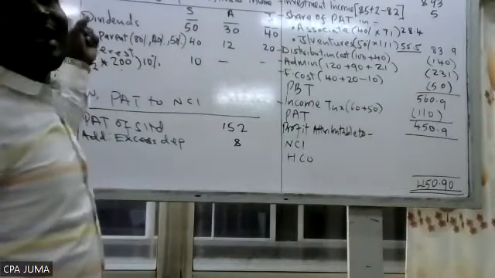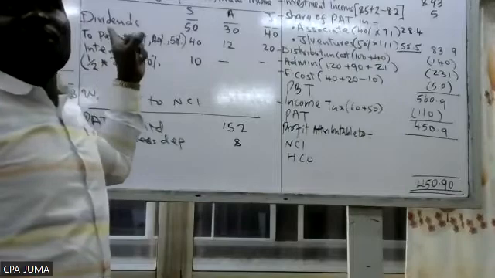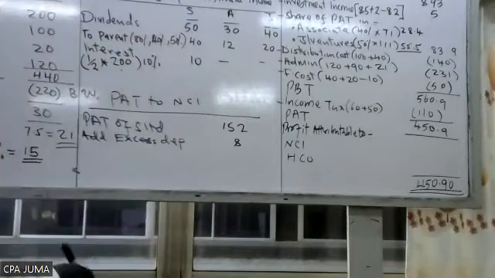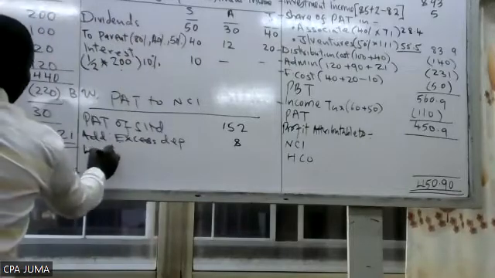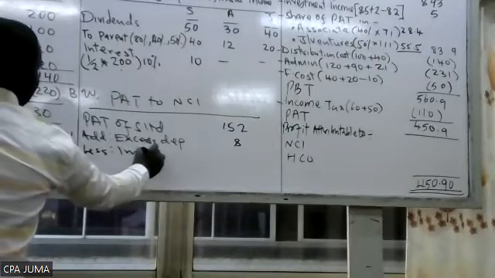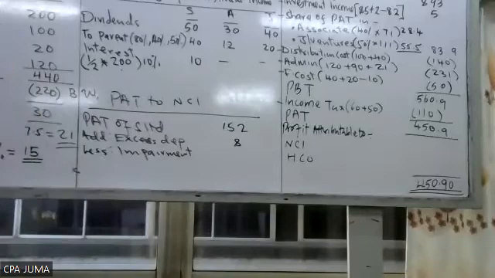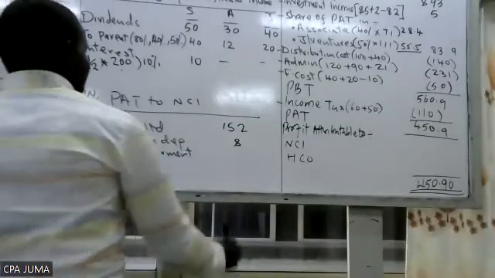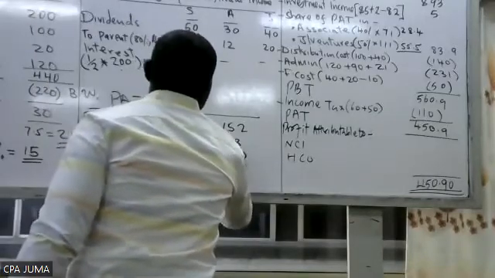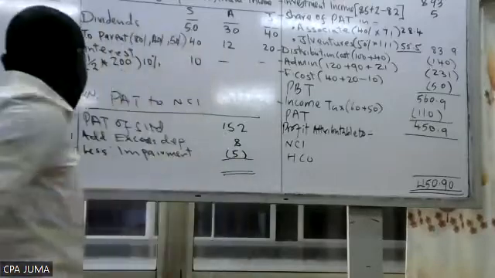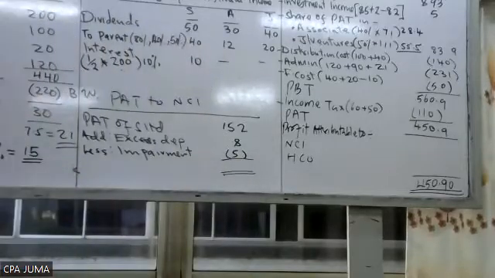Full method means NCI participated in goodwill computation. So they participate in goodwill. They are also liable for what? Impairment. It will affect the profits here. Impairment in the subsidiary was 5. Check your books well.